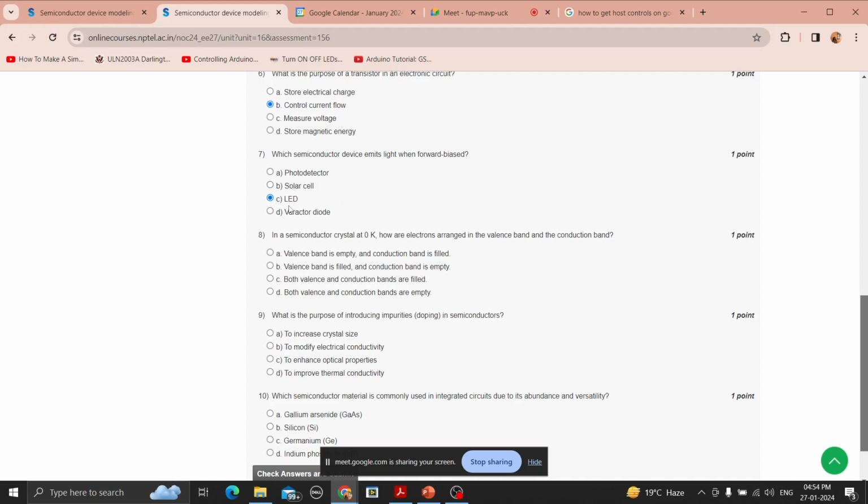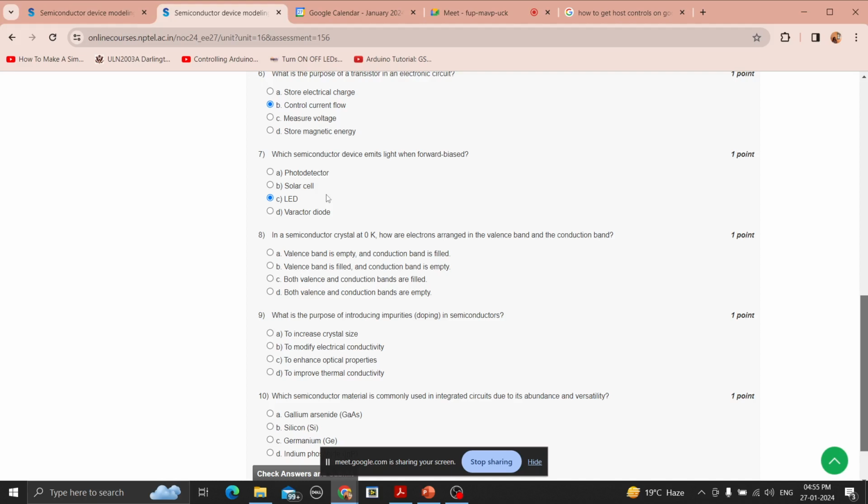So for LEDs, what material do we use generally? I mentioned it at the beginning of the class. What should the band gap be to emit light? Gallium arsenide. We can use a direct band gap material, so that will emit light.